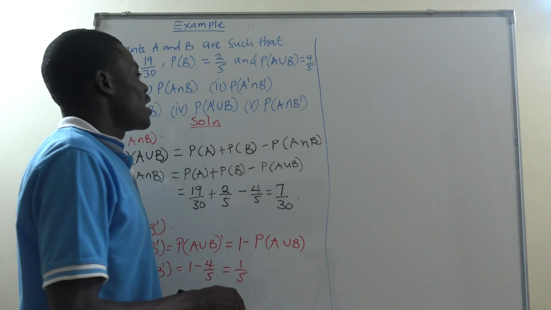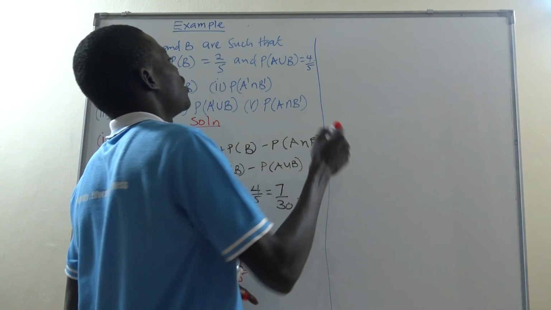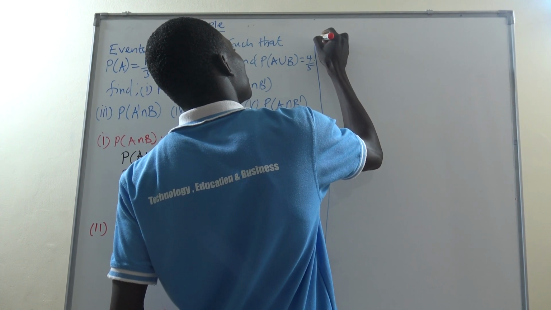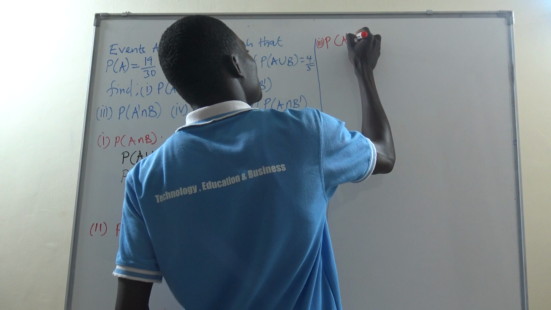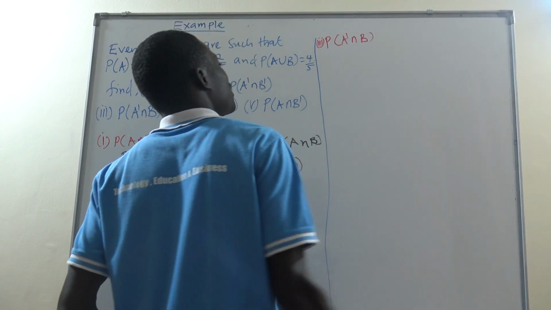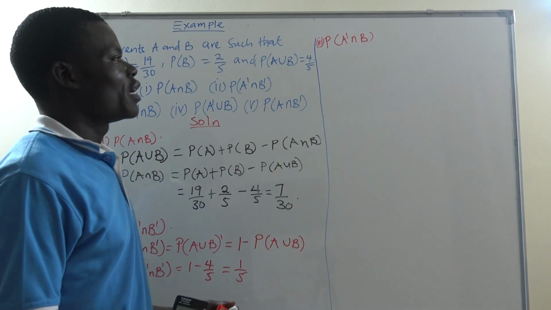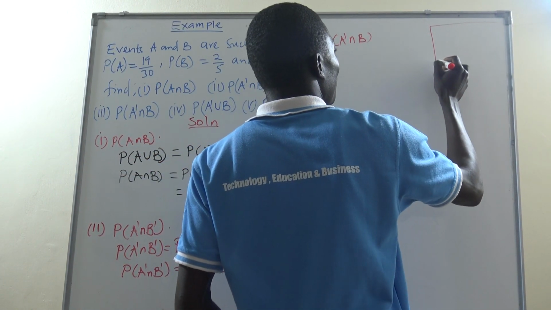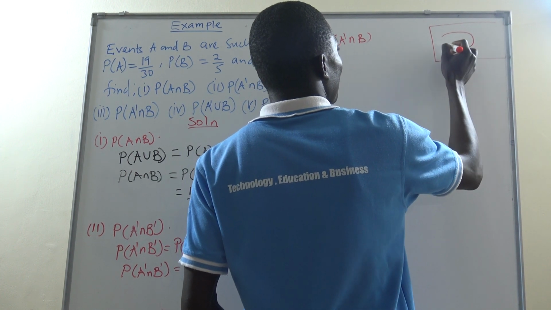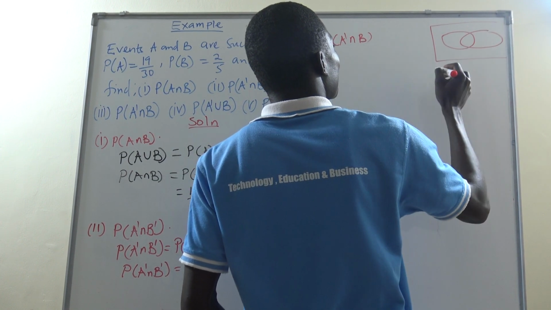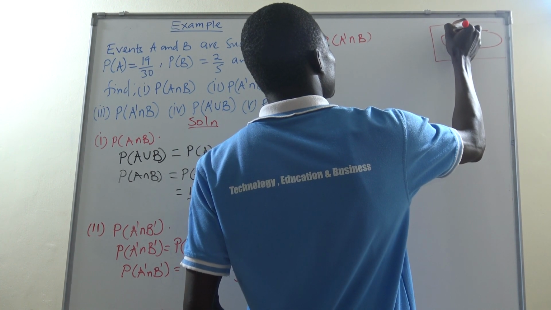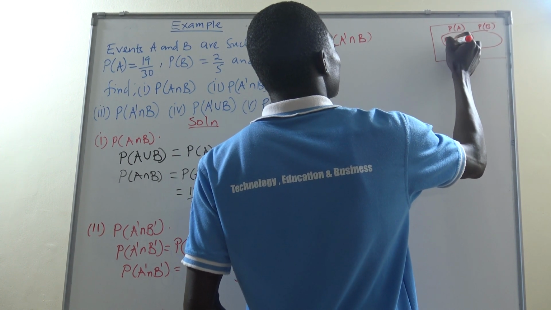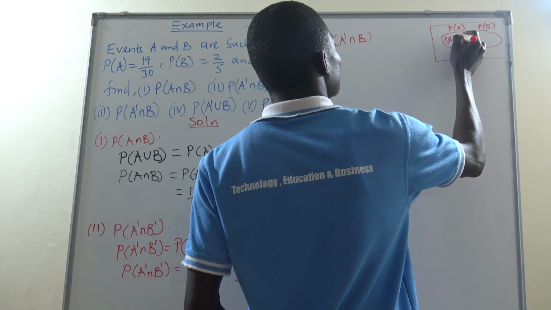Then we shall go ahead and look at the third part, which is probability of A complement intersection B. So where do we get this probability? From our Venn diagram, we said if this one is probability of A, this one is probability of event B, so this one will be probability of A intersection B complement.